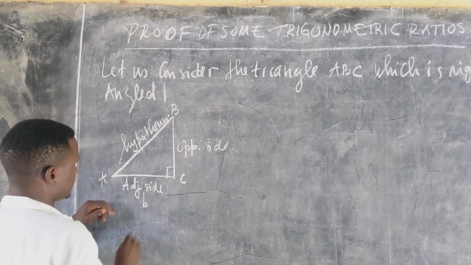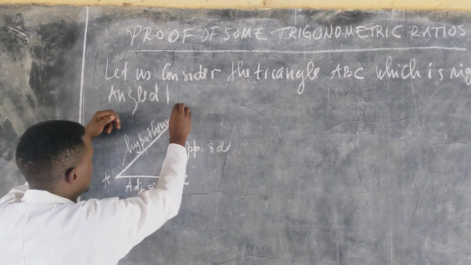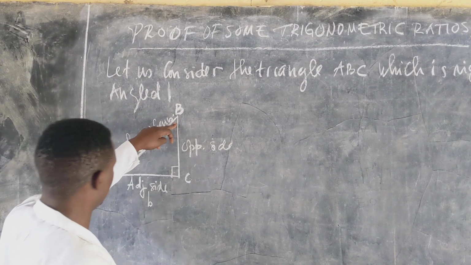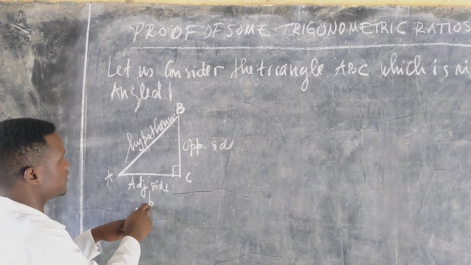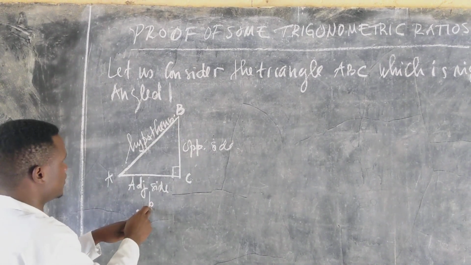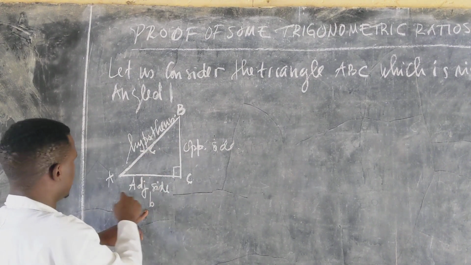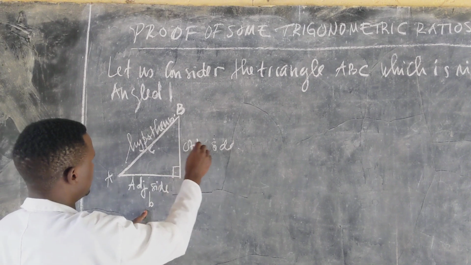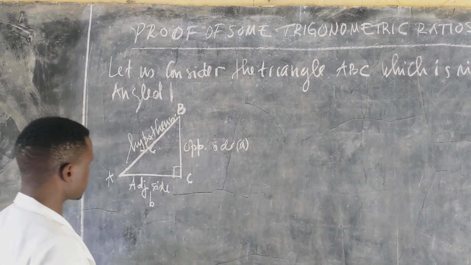The capital letter B denotes the angle B, and small b denotes the side opposite to angle B. And here it is C, small c, and the side BC can also be denoted by a.